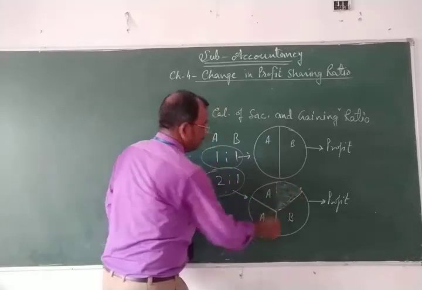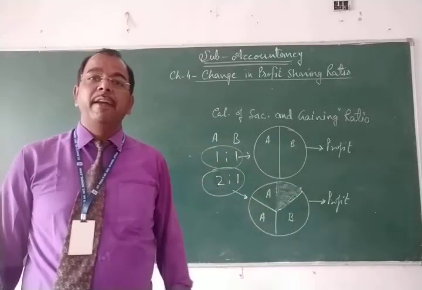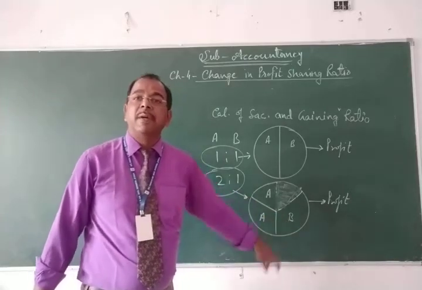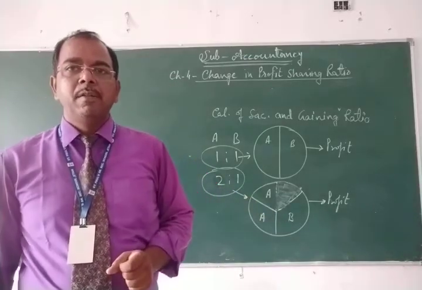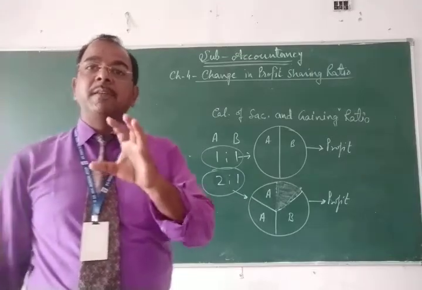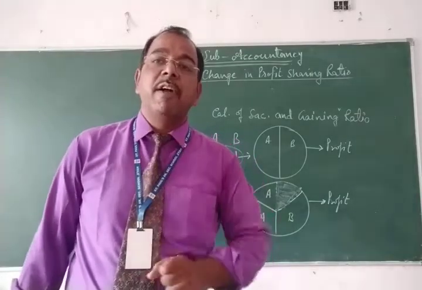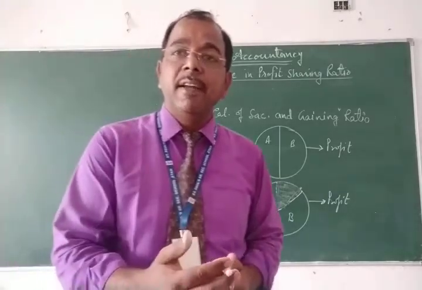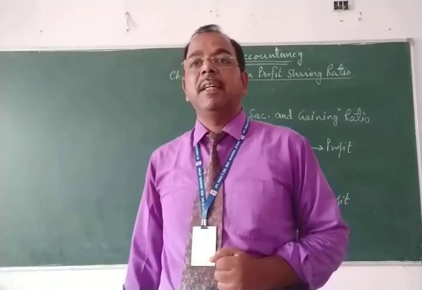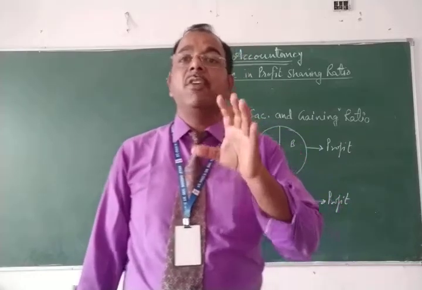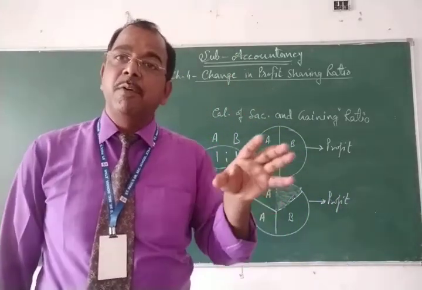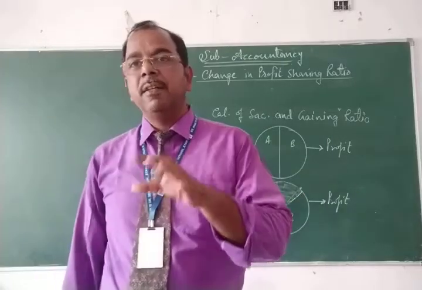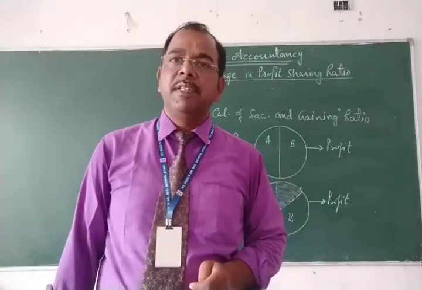This section is gained by A, and the same section is sacrificed by B. Clear, students? So at first, what you are supposed to calculate is which partner is gaining and which partner is sacrificing, because this point is also of much importance in this reconstitution process.